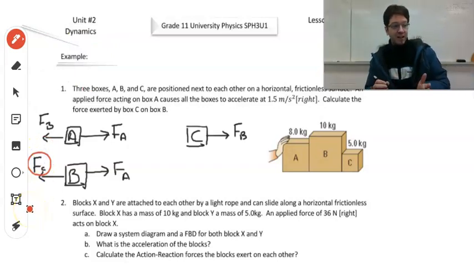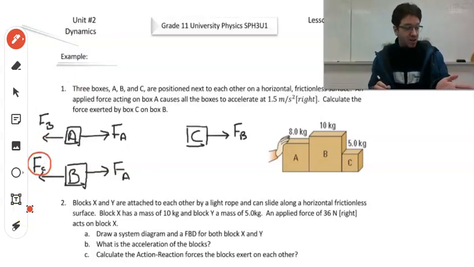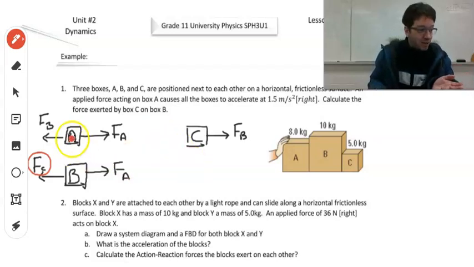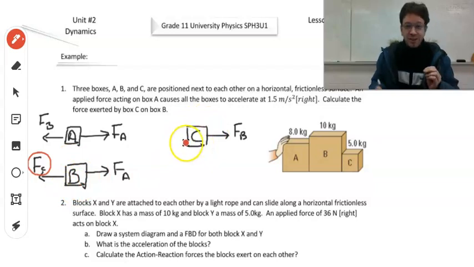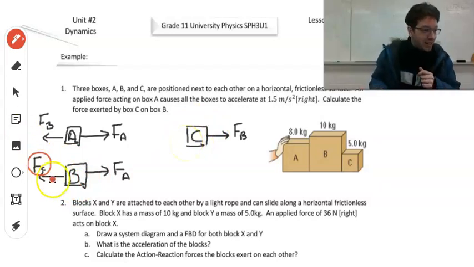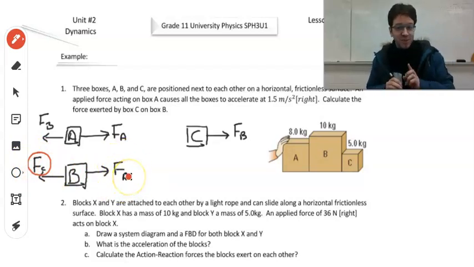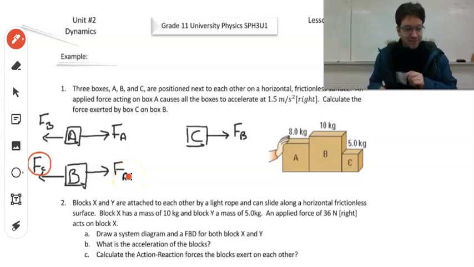Well, we can apply Newton's second law, F equals ma, to either box A or box B or box C. But an important thing to note is if we were to do it for box B, we would have trouble figuring out what FC is because I don't know what FA is. But then there's something to note here.